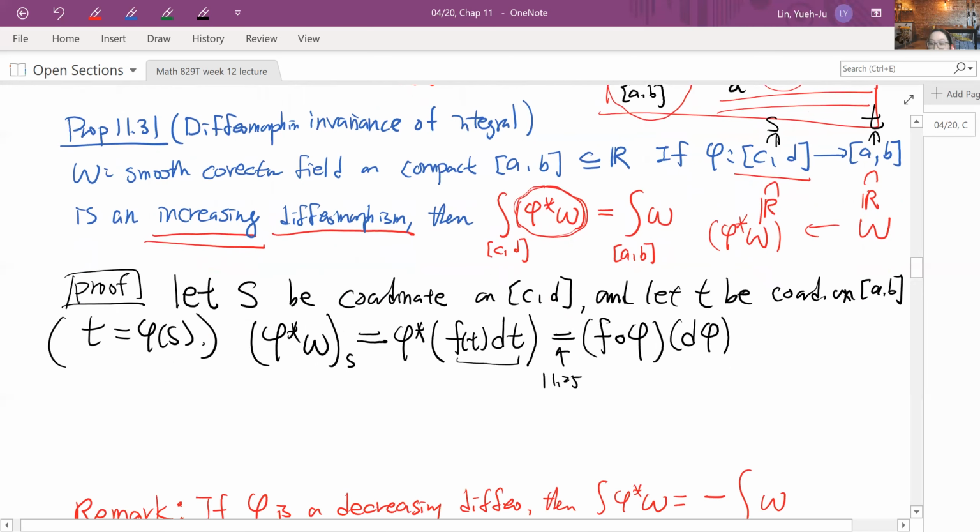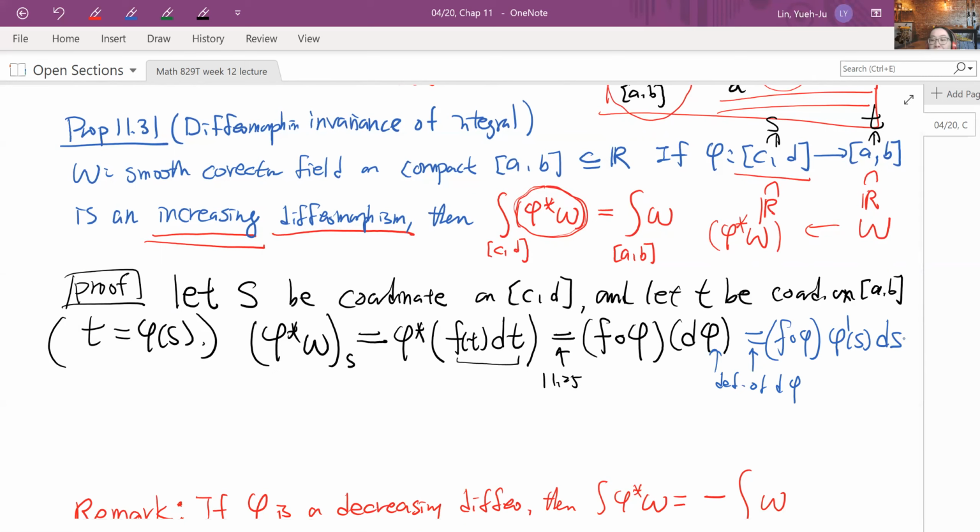So by definition of d phi, this is the differential of phi, and everything is only one variable. So you keep the f of phi, then this is the definition of d phi. If you only have one variable, then the differential of that is really just taking the derivative with respect to the corresponding variable. So here, I know explicitly what phi star W looks like at each point.